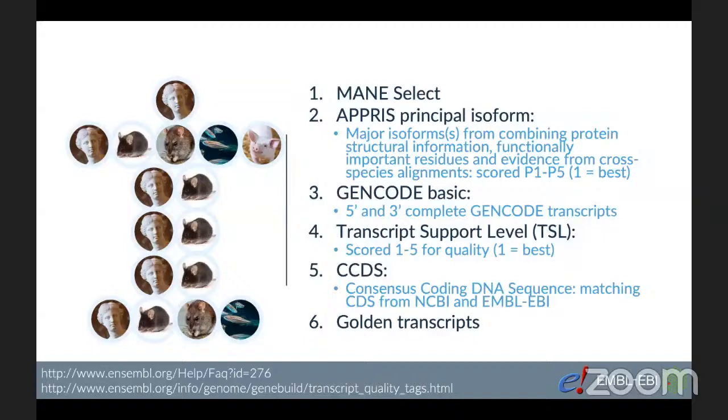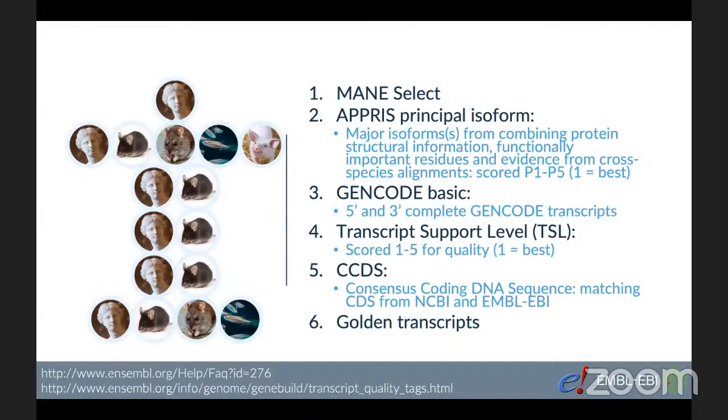So if APPRIS wasn't available, I would then move to GENCODE Basic, which is basically 5' and 3' complete GENCODE transcripts. So what does that mean? So now we know that we annotate our transcripts based on real experimental biological data, and biological data might be sometimes incomplete.